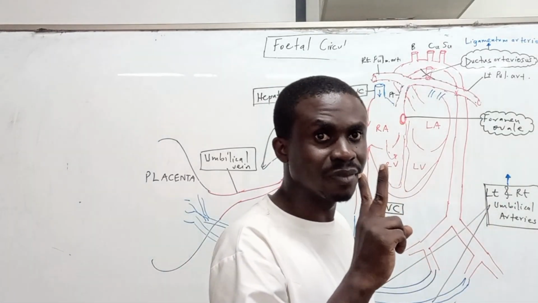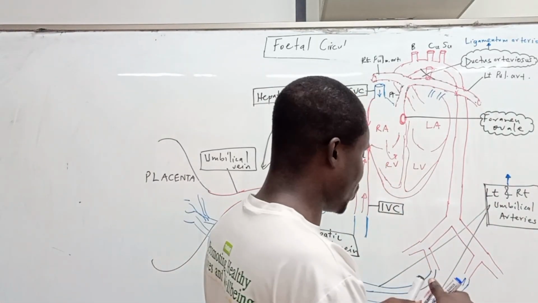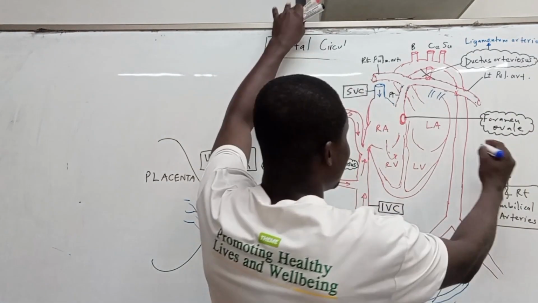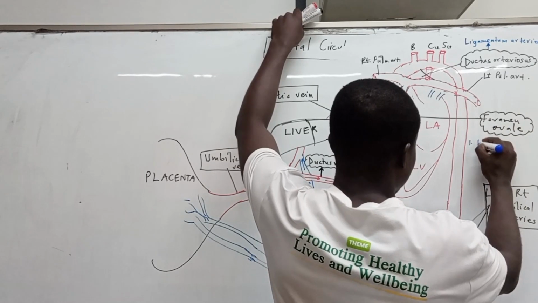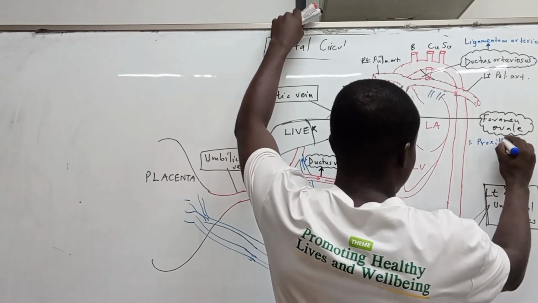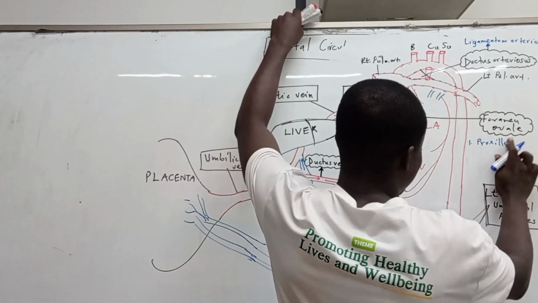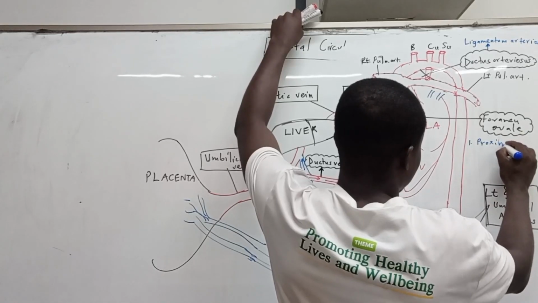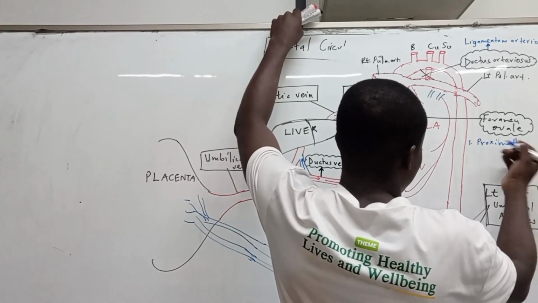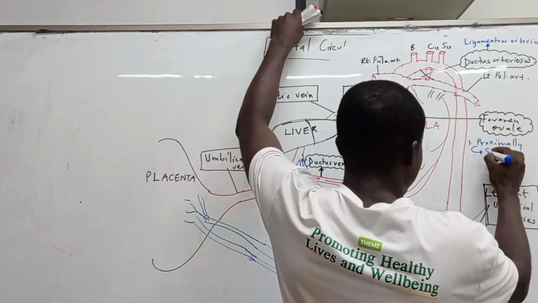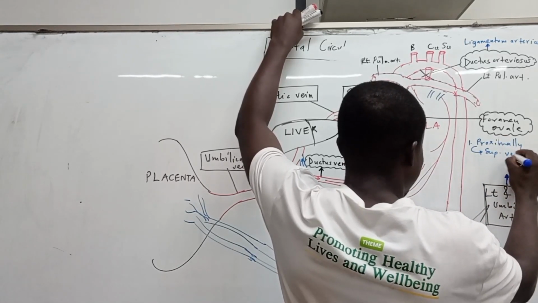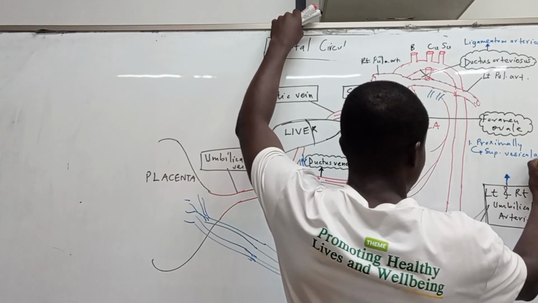What I want you to know is the fate of these arteries. They are two. Proximally, it will give rise to the superior vesical arteries.